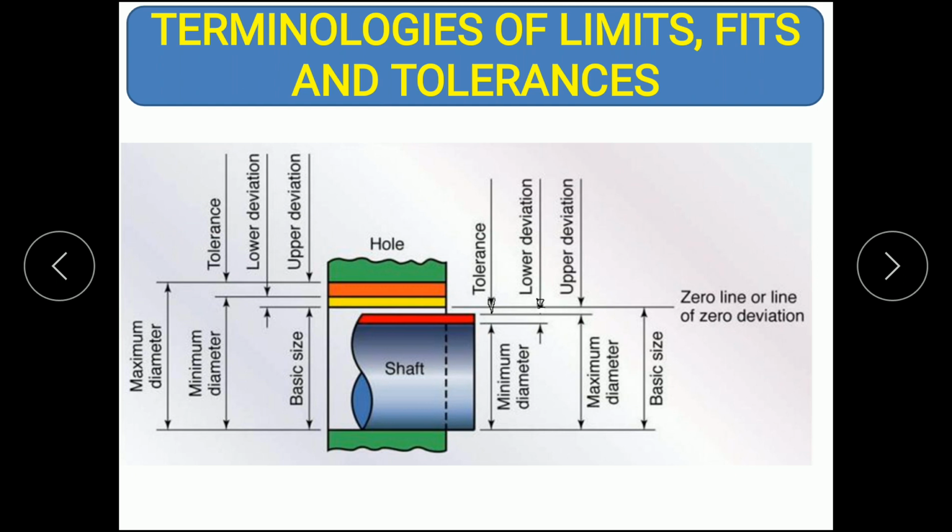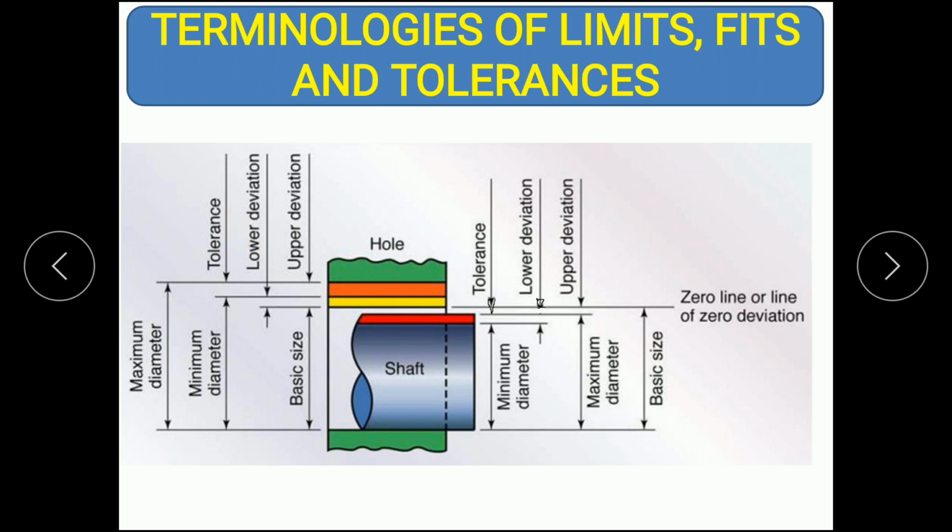You can see the minimum diameter of the shaft and the maximum diameter of the shaft, and the difference between them is called the tolerance of the shaft. Likewise, the difference between the maximum diameter and the minimum diameter of the hole is the tolerance of the hole.